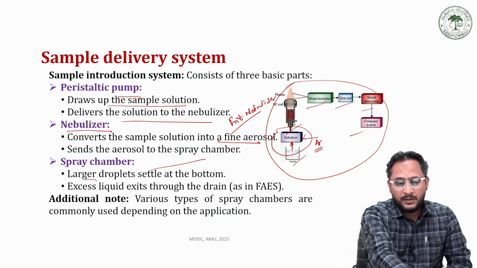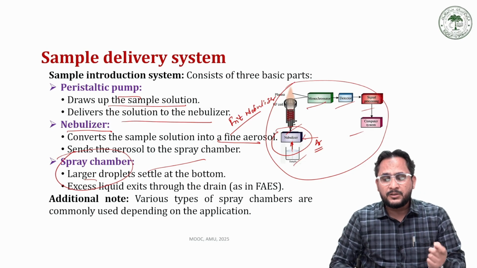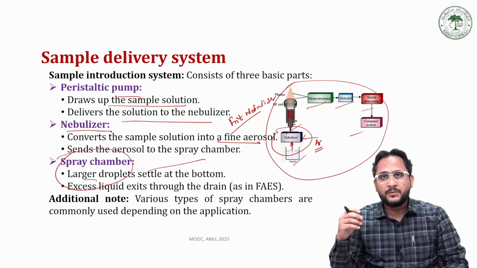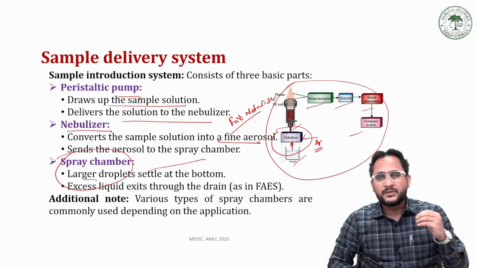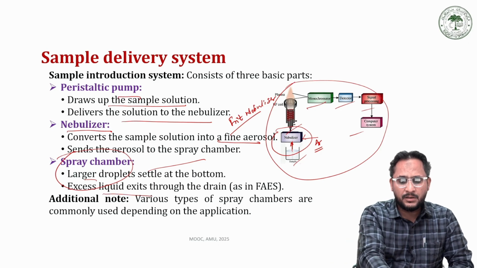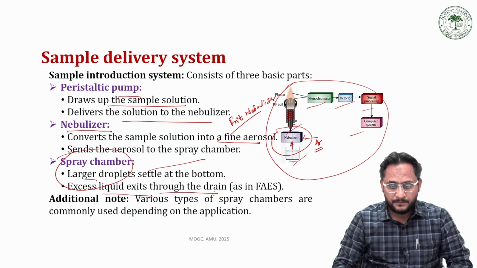In the spray chamber, the large droplets which are not yet converted into very small droplets settle down, while small droplets that have been evenly converted into aerosol are sprayed into the excitation source. Any excess liquid or solvent is drained out from the nebulizer.